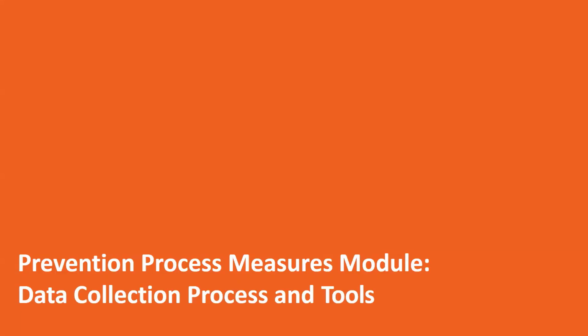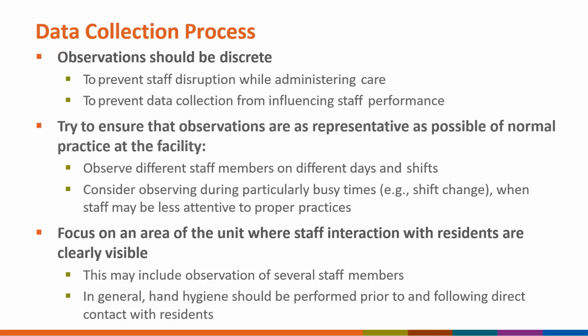Next, I will spend a little time talking about the data collection process and tools for NHSN. Healthcare-associated infections can be reduced with adherence to infection prevention measures. These practices include hand hygiene, gown use, and glove use.